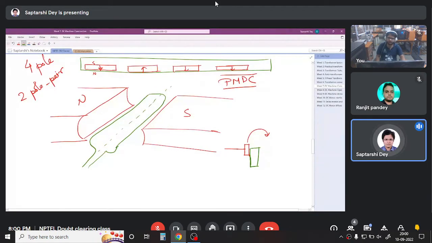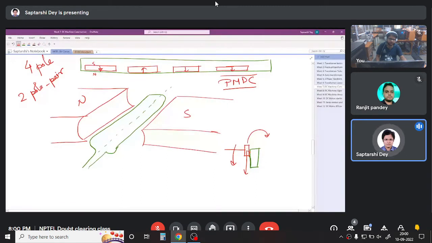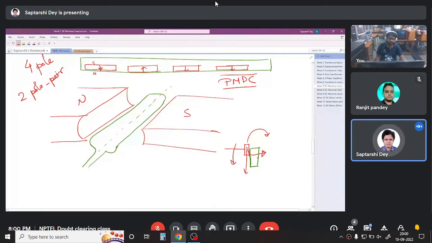So when the coil rotates, this thing also rotates, and they touch each other, and electrical energy flows through the contact. Any electrical machine, if you have electrical power supply to the rotating part, you must have some contact like this.